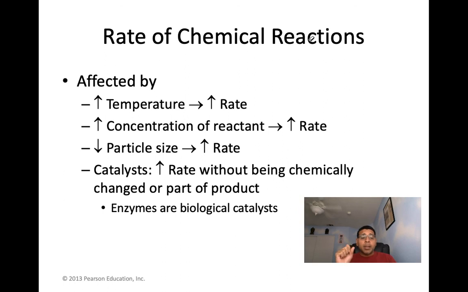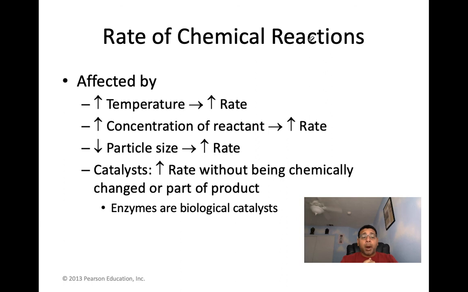Second factor is concentration. The higher the concentration of particles, the faster the reactions occur because more particles are around and collide with one another. As the concentration declines, the reaction slows.